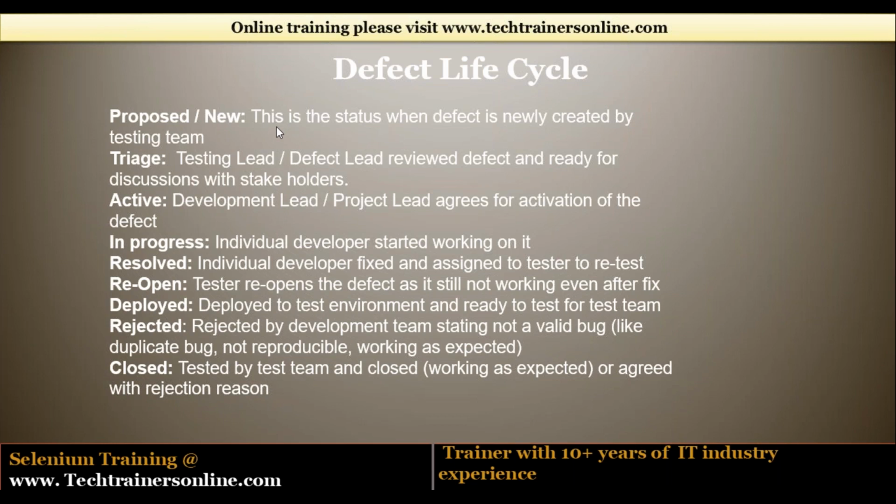Then assign it to me as a defect lead or a test lead. What I would do is change the defect status to triage. Once I discuss with the development team, once they agree, I'll change the status to active. If they are not agreeing, I will change the status of the defect to rejected. So you would be doing it manually. It will not happen automatically. You have to do it.